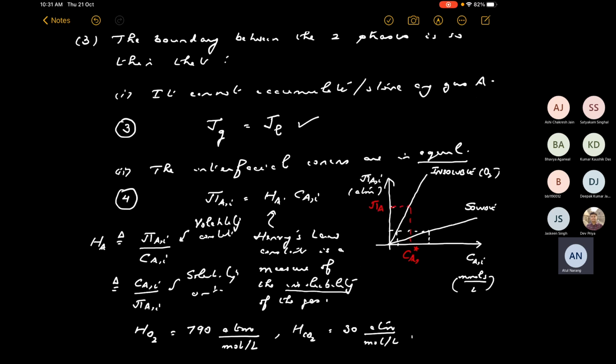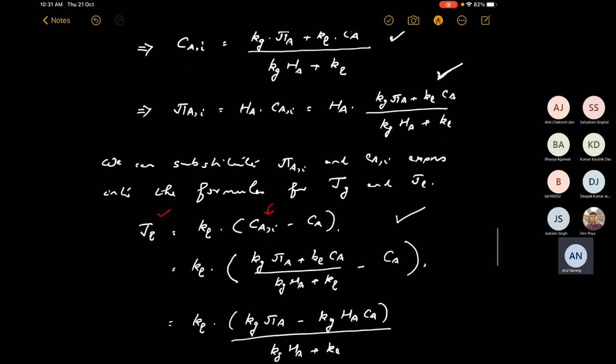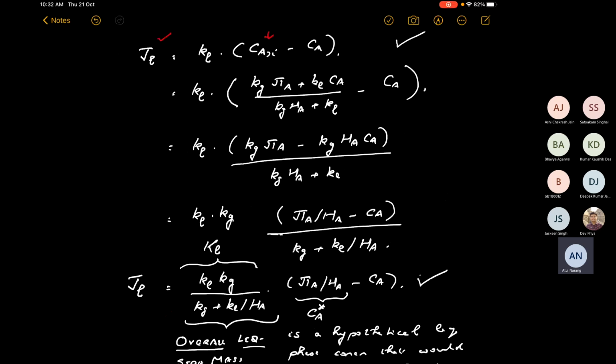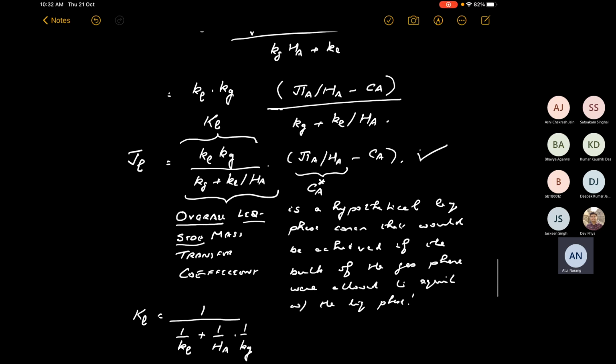I just told you that when the slope is very large, we are dealing with an insoluble gas, and when the slope is very small, we are dealing with a soluble gas such as CO2. So let's first consider a highly insoluble gas like oxygen, which has a solubility of barely 8 milligrams per liter.